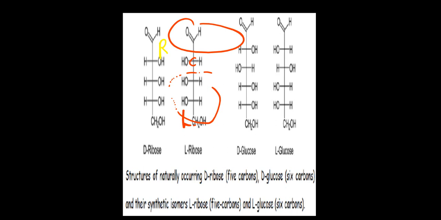Because it has an asymmetric or chiral carbon, it tends to show isomerism, in this case stereoisomerism, where there are non-superimposable images of each other. Same with glucose here, the OH on the other side. So that's what we're talking about.